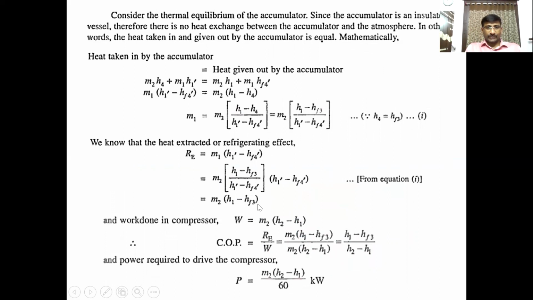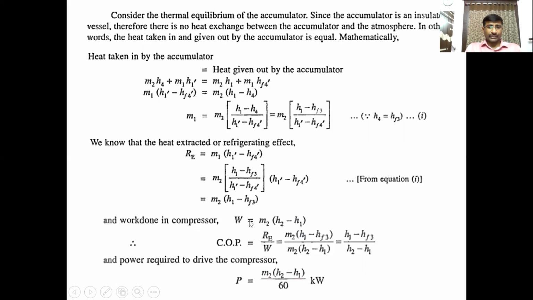Here M2 into H1 minus Hf3 is the refrigeration effect without the pre-cooler, and also the refrigeration effect with the pre-cooler. So there is no change in the refrigeration effect by placing the pre-cooler. Clear? The same equation will be developed if the pre-cooler is placed in the cycle.